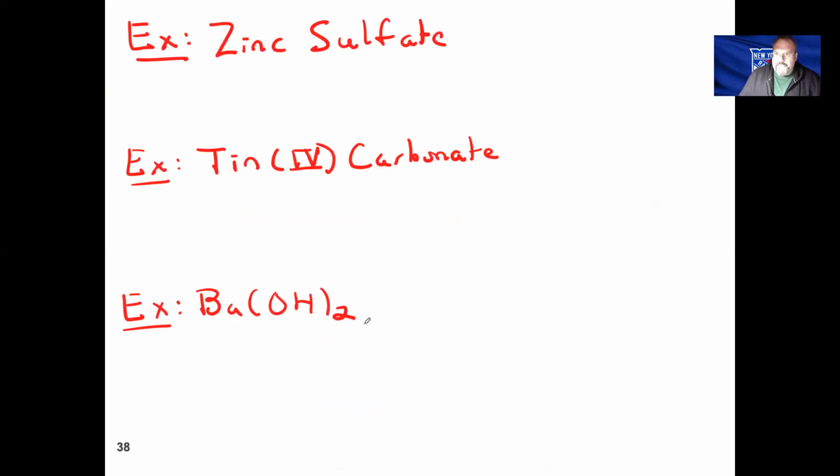Okay. A couple other examples. Zinc sulfate. Let's come up with the chemical formula. Now, zinc is a B group element, but it's one of those that only form 1 ion. So you have to sort of remember its charge. And the charge of zinc is essentially always +2. Sulfate, we look at the list of polyatomic ions, and when we come across sulfate, we come across SO4 minus 2.